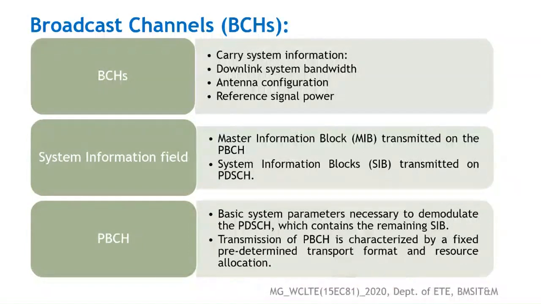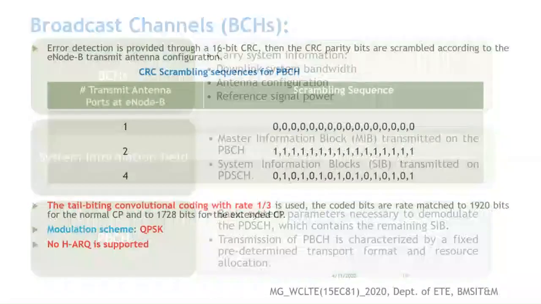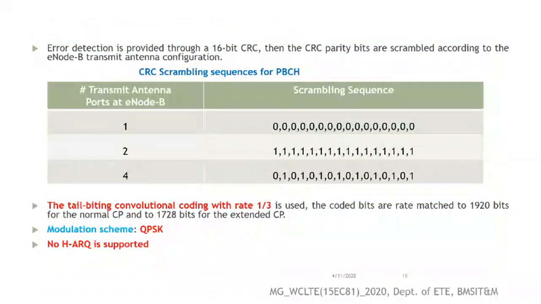The transmission of the physical broadcast channel is characterized by a fixed predetermined transport format and resource allocation. Here the type of error detection is again a 16-bit CRC, then those CRC parity bits are scrambled according to the eNB transmit antenna configuration. So this is the scrambling sequence used for PBCH.